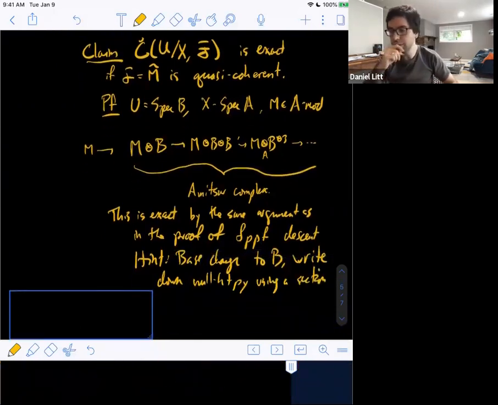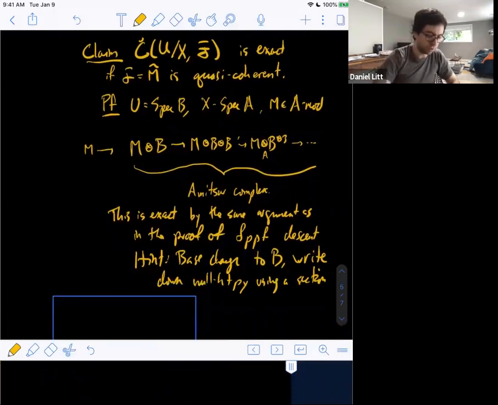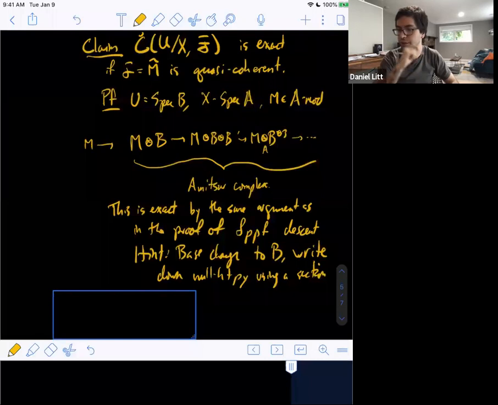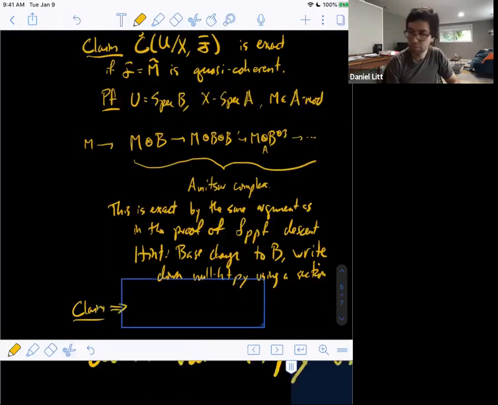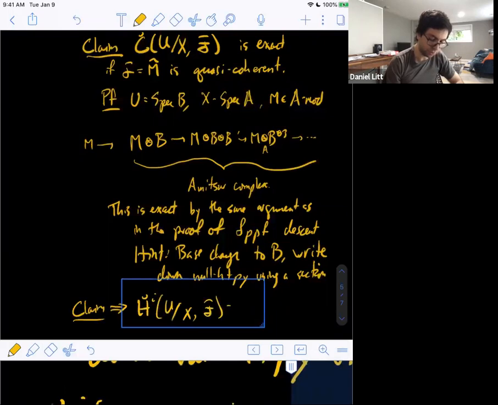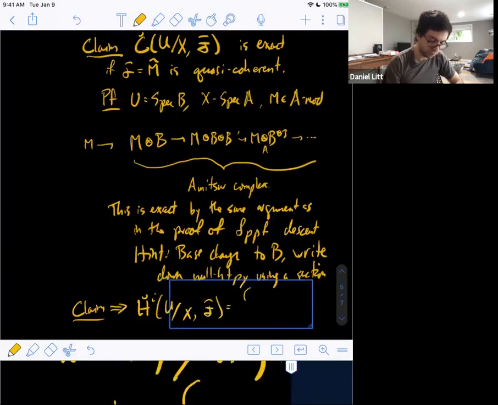Okay, so what does the claim imply? So can anyone tell me what this tells us about Čech cohomology? So what does this tell us about the Čech cohomology of U over X with coefficients in a quasi-coherent sheaf? So Benjamin says it vanishes.